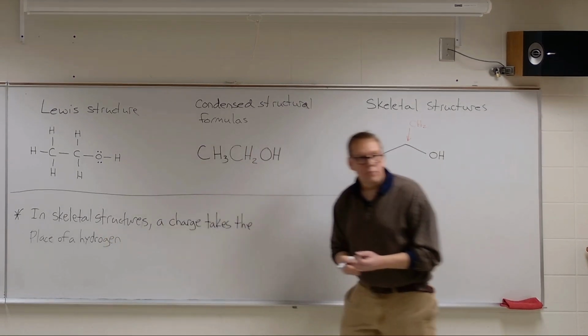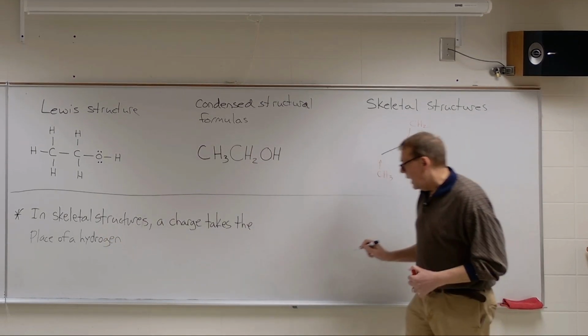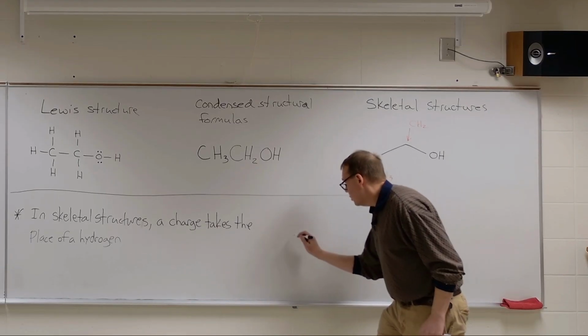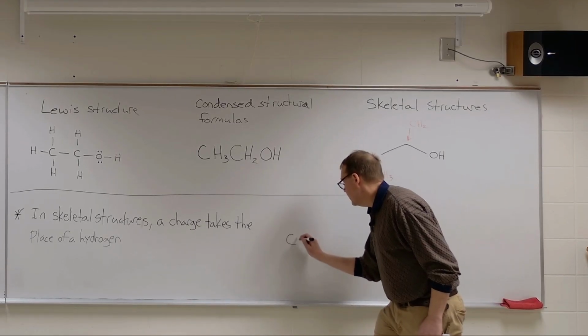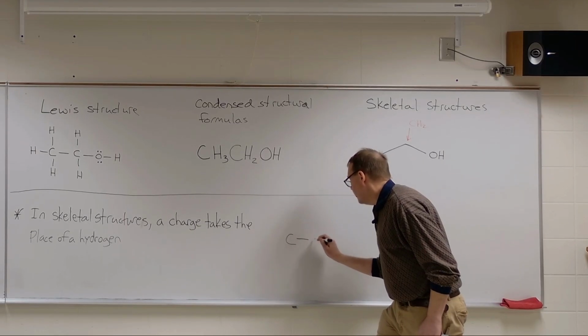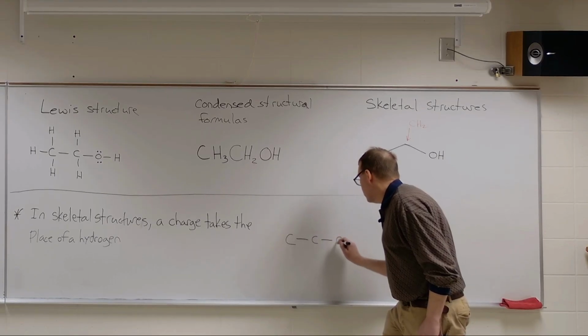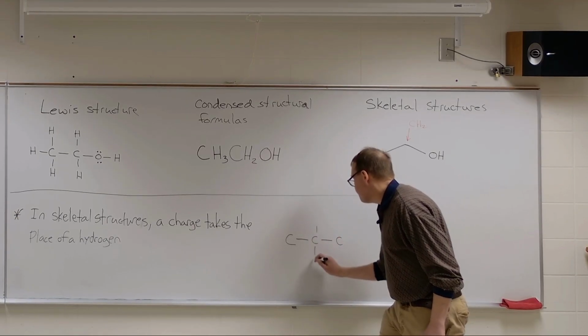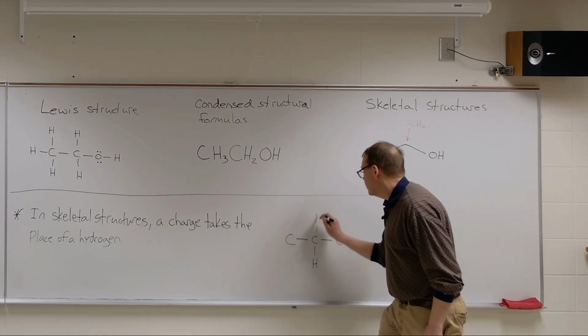So, for example, here's a molecule that has a negatively charged carbon in it. I'll draw the Lewis structure, and then we'll draw the corresponding skeletal structure.